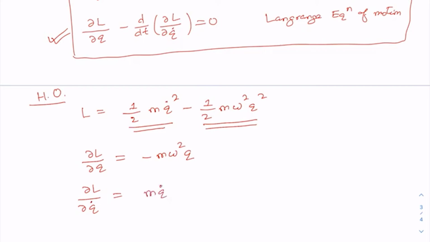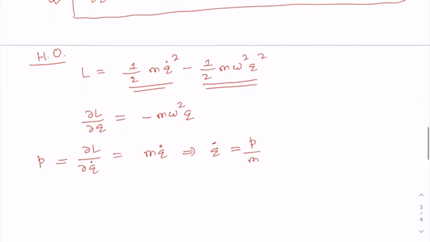In fact, del L del q dot is known as the conjugate momentum of the harmonic oscillator: mass times velocity, or I can write q dot is equal to p by m.